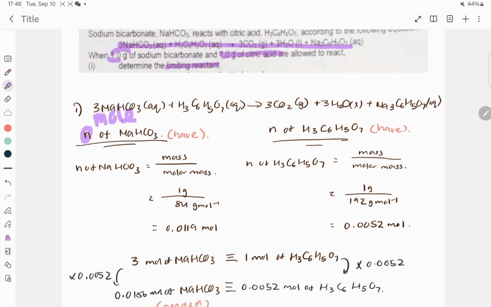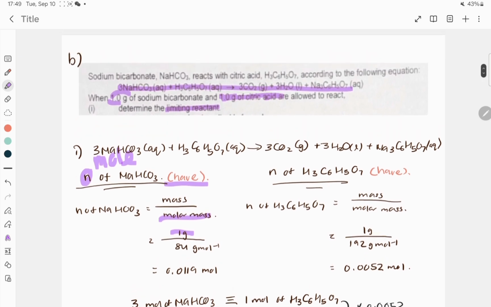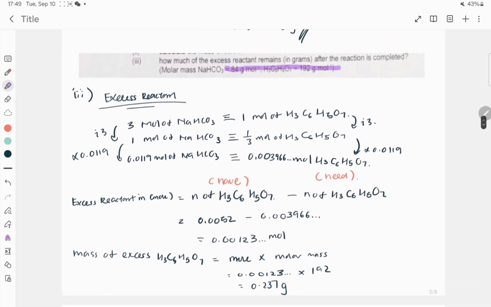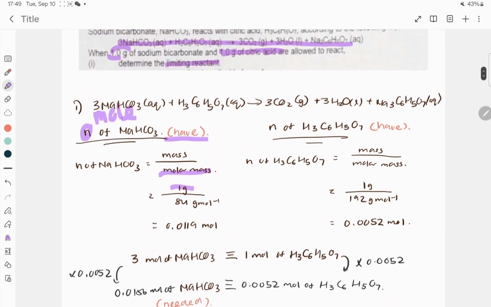We have 1 gram of NaHCO3. To know its mole, we divide by its molar mass, which is 84, given in the question in the last part over here. Afterwards we will get the answer, but remember to take it to 4 d.p. first.